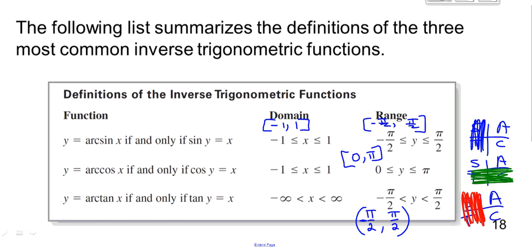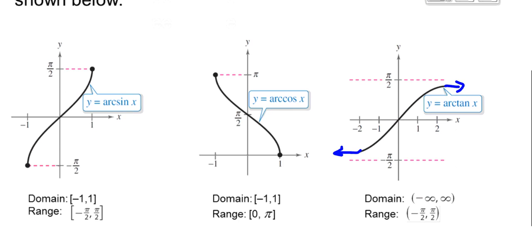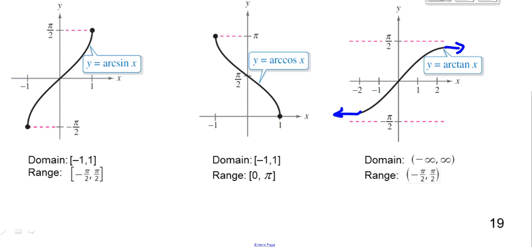So here are the pictures of those graphs, and you might just sketch the other two right now. The x-axis is still negative 1 to 1, but now we go from 0 to pi. I would say if you just plotted 3 points and gave yourself a little sketch of that, it would be good.